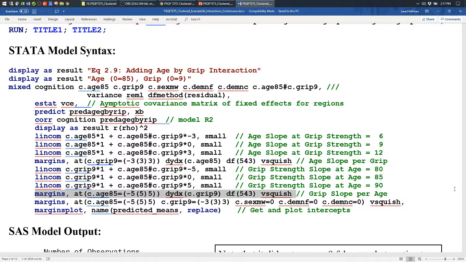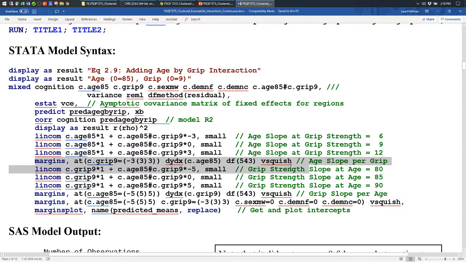So that 1 margins replaces the 3 lines above it. So yet another looping type functionality that I really like about Stata that SAS does not have. But I write the 3 lines out so you can see more directly what it's asking for.